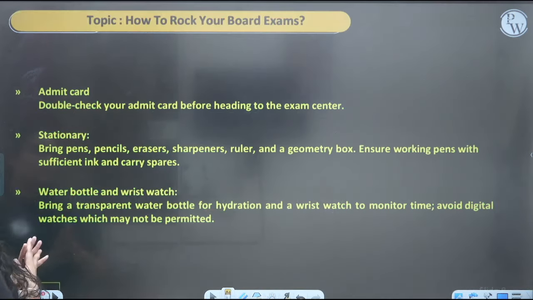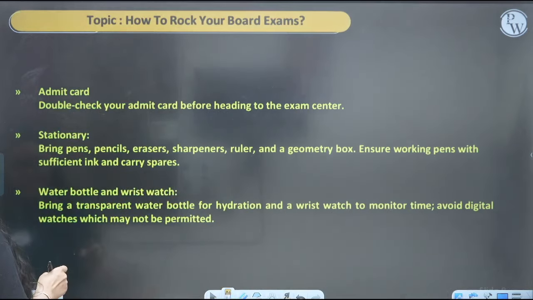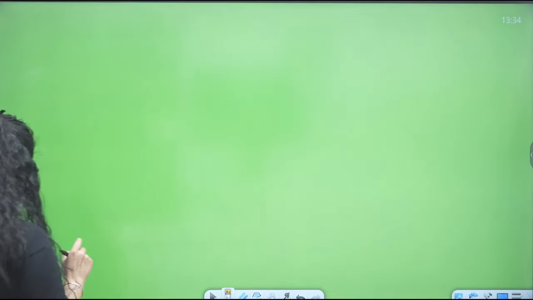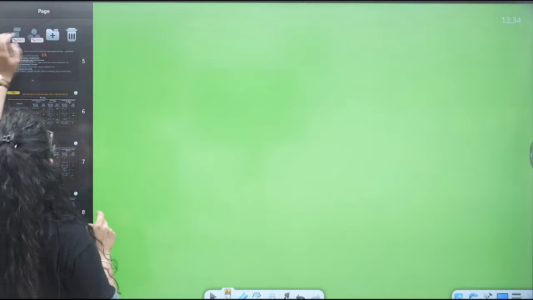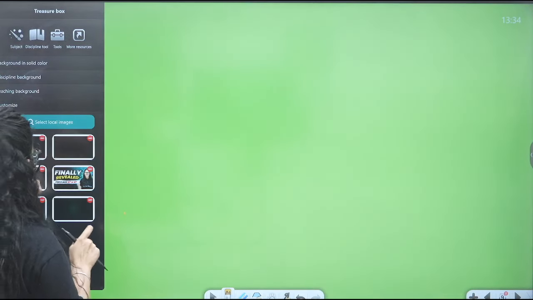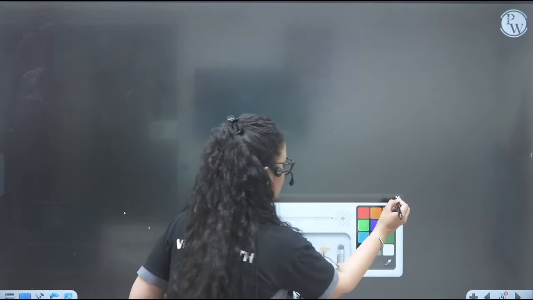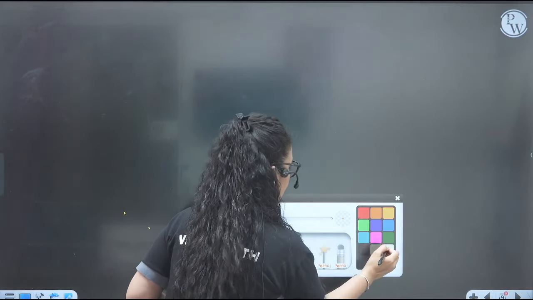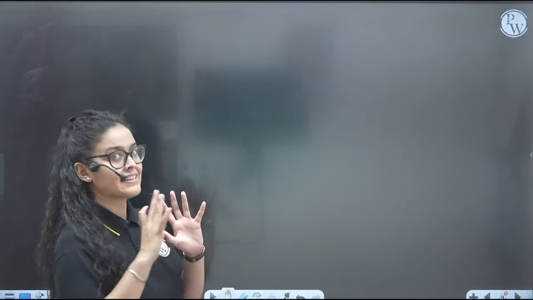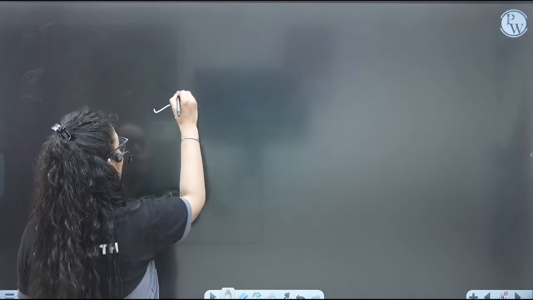So bacha, when you are going for the exam tomorrow, what is important is how you write your answers, right? So make sure that you write your answers beautifully. And how to write a beautiful answer? First of all, if they are asking you to write answers, make sure that you give the answer in point form.